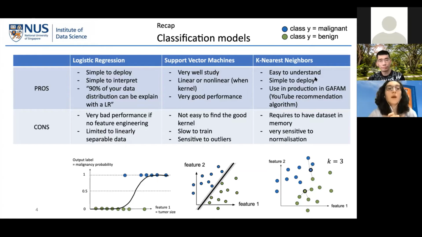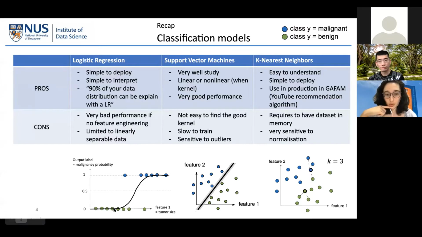Here I put the table of the pros and cons of each model, as well as an illustrative figure to represent how those discriminative classifiers work.